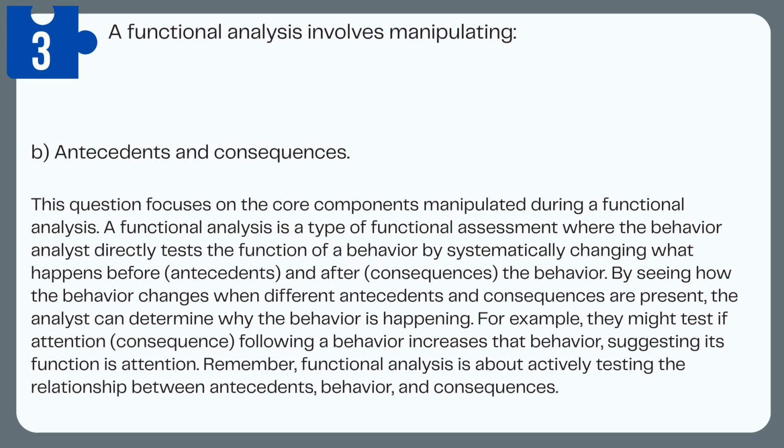The analyst can determine why the behavior is happening. For example, they might test if attention (a consequence) following a behavior increases that behavior, suggesting its function is attention. Remember, functional analysis is about actively testing the relationship between antecedents, behavior, and consequences.